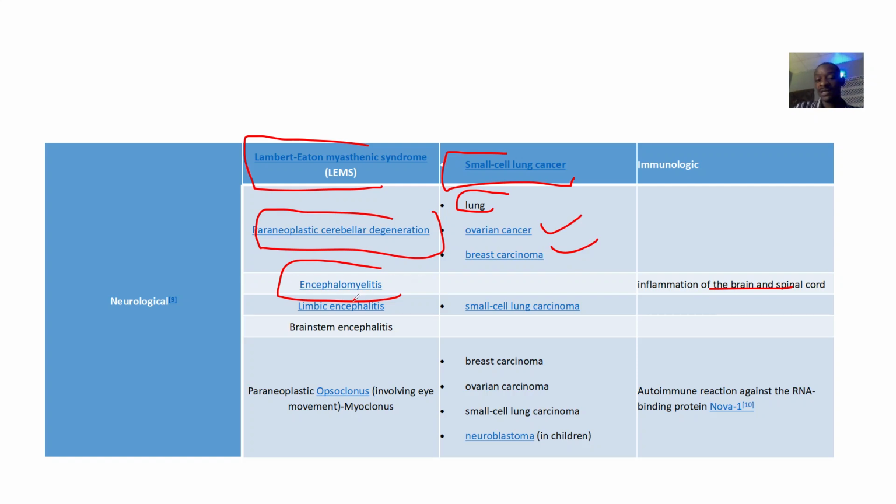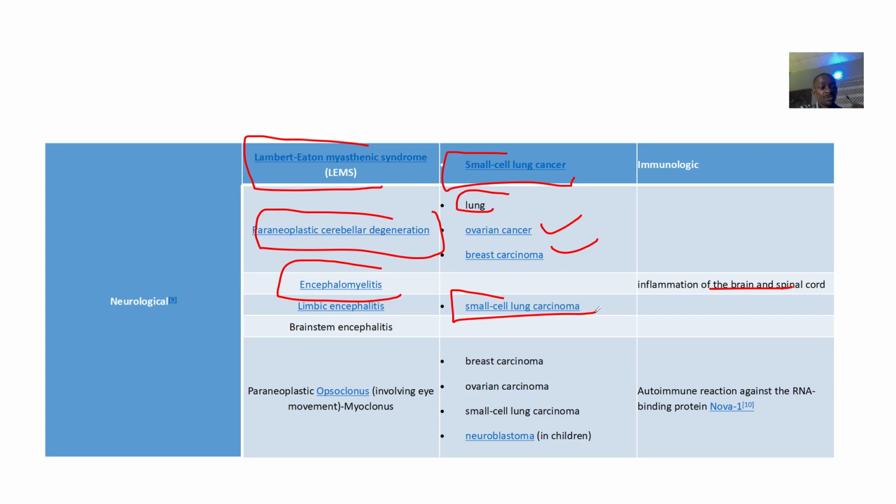Then limbic encephalitis usually results from small cell lung cancer, and also brain stem encephalitis. All of them are known to cause paraneoplastic syndrome through inflammation of the brain and the spinal cord.